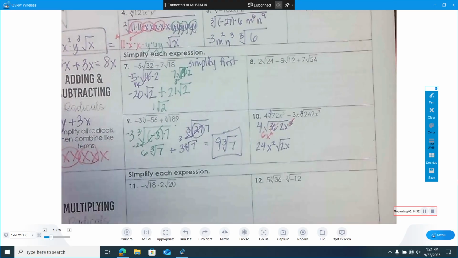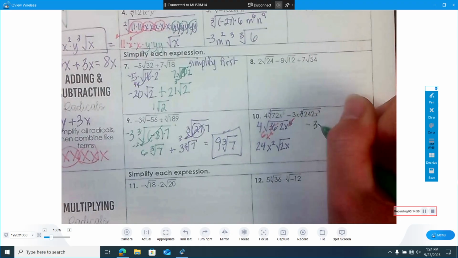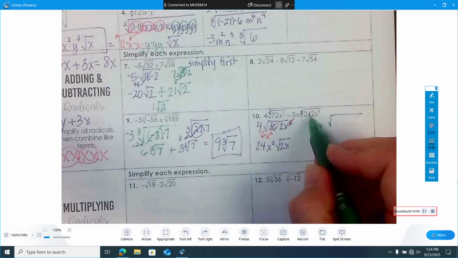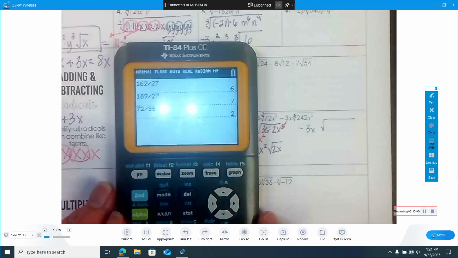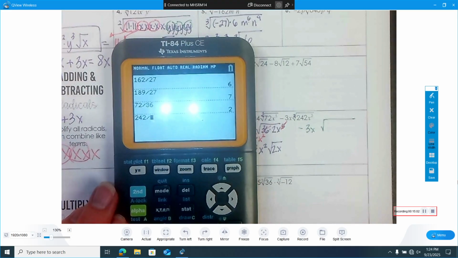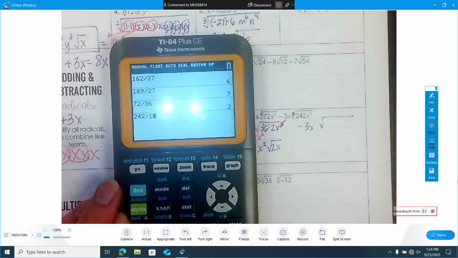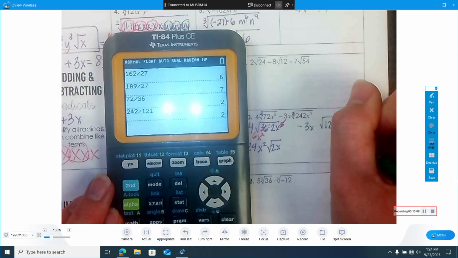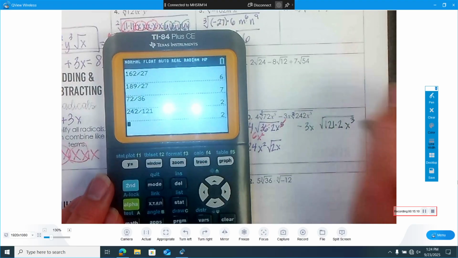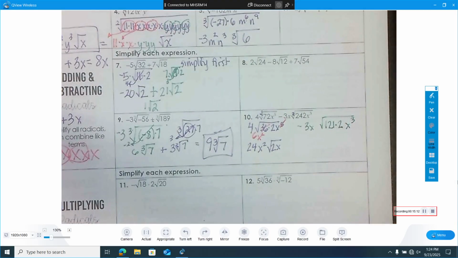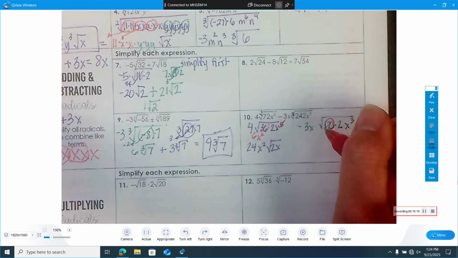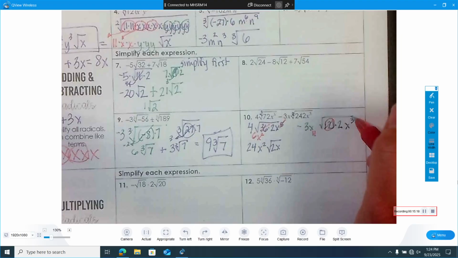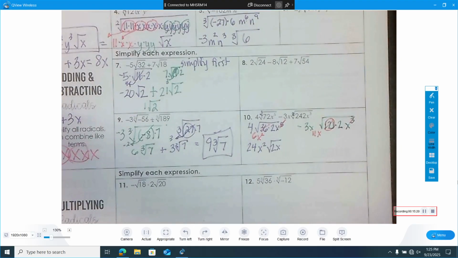All right. The other radical, we have a negative 3x times the square root of 242x cubed. We're looking for what 242 divides by. 242 divides by 121. Oh, that makes sense. 121 times 2x cubed. All right, who are my escapees? 11 and an x gets to come out.